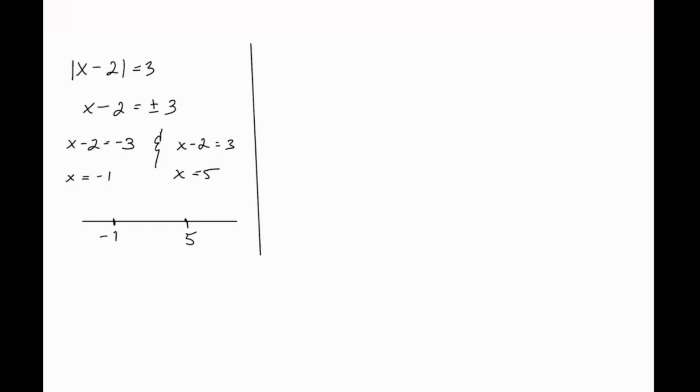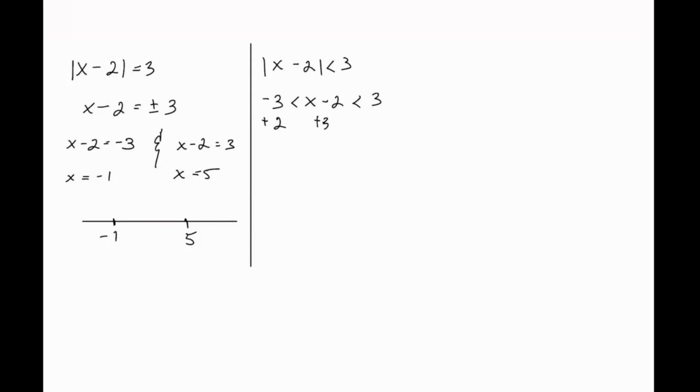Now, if we have the absolute value of x minus 2 is less than 3, then in this case we have x minus 2 is less than 3 but greater than negative 3. From here we can add 2 to all three sides, and we have negative 3 plus 2 less than x less than 3 plus 2, which makes x be between negative 1 and 5.